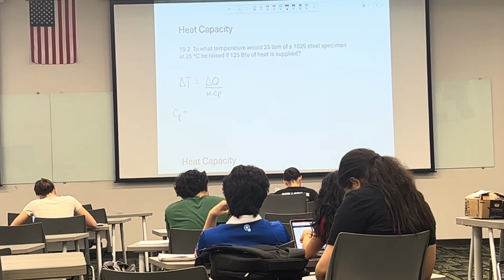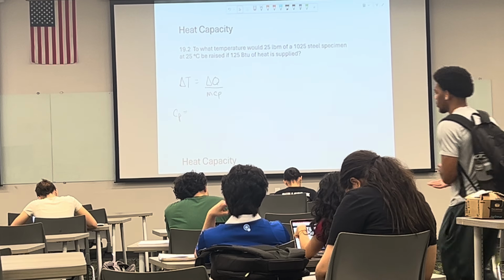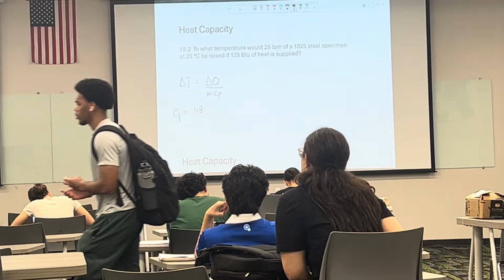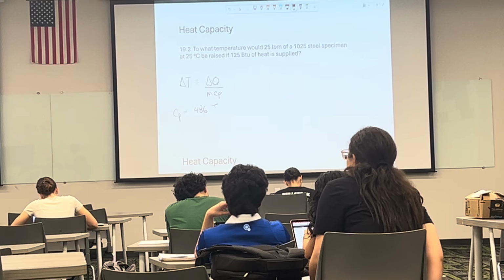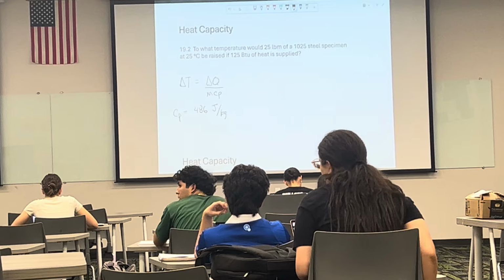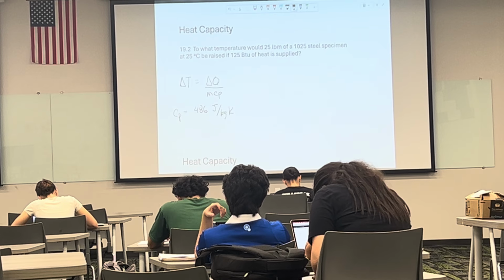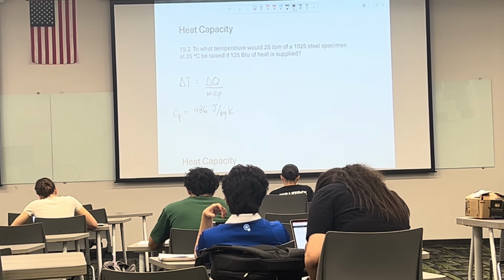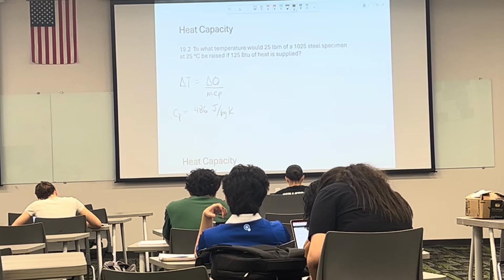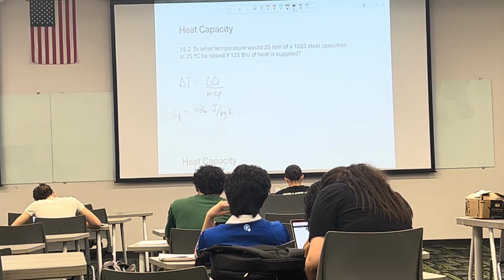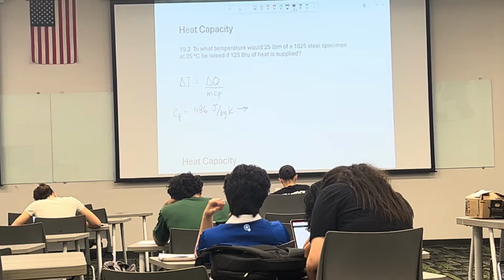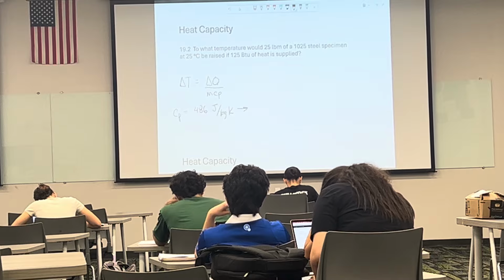For the 1025 steel, the heat capacity at constant pressure is 486 joules per kilogram Kelvin. Since this is not in US units, we have to convert.